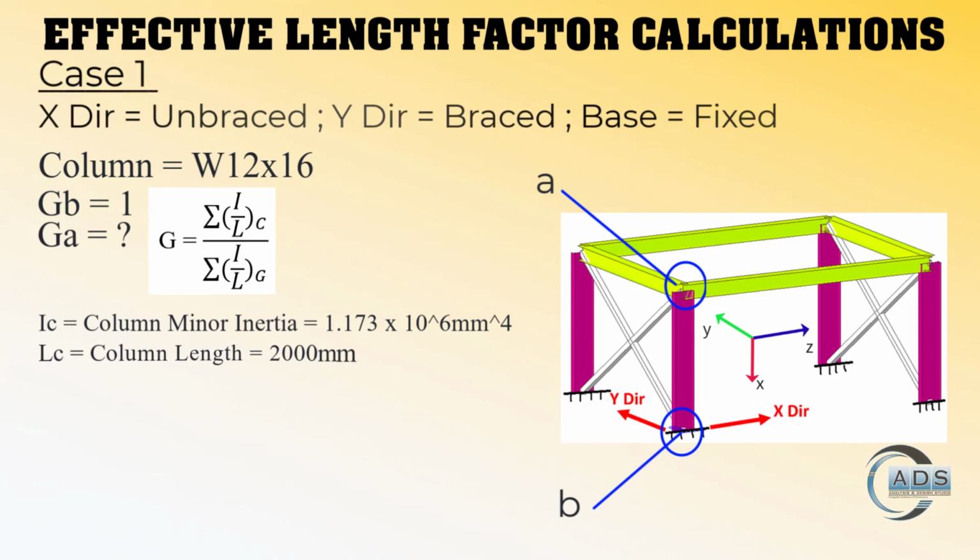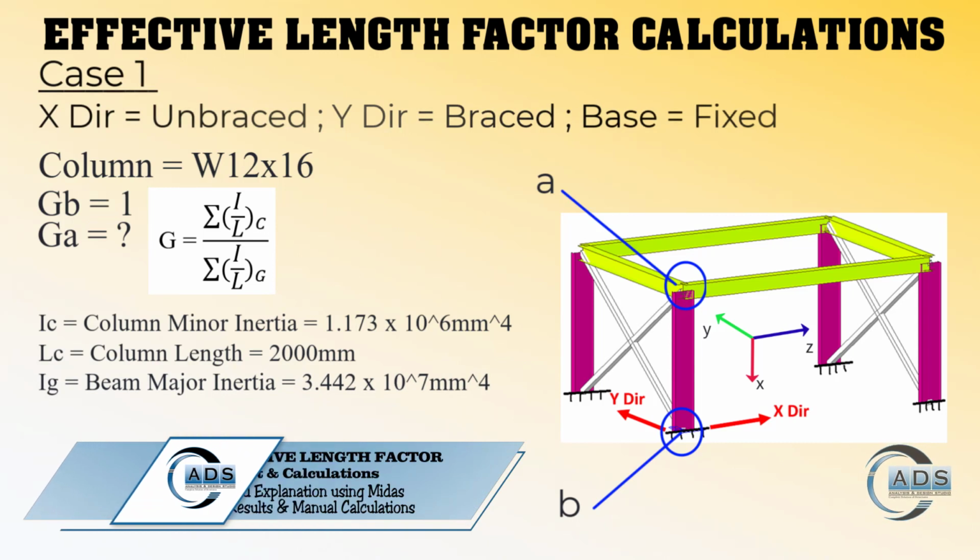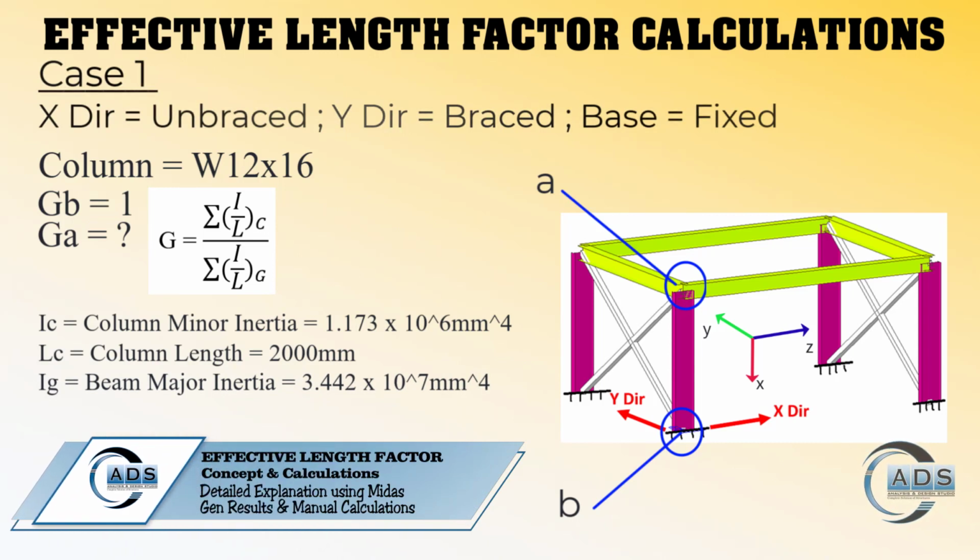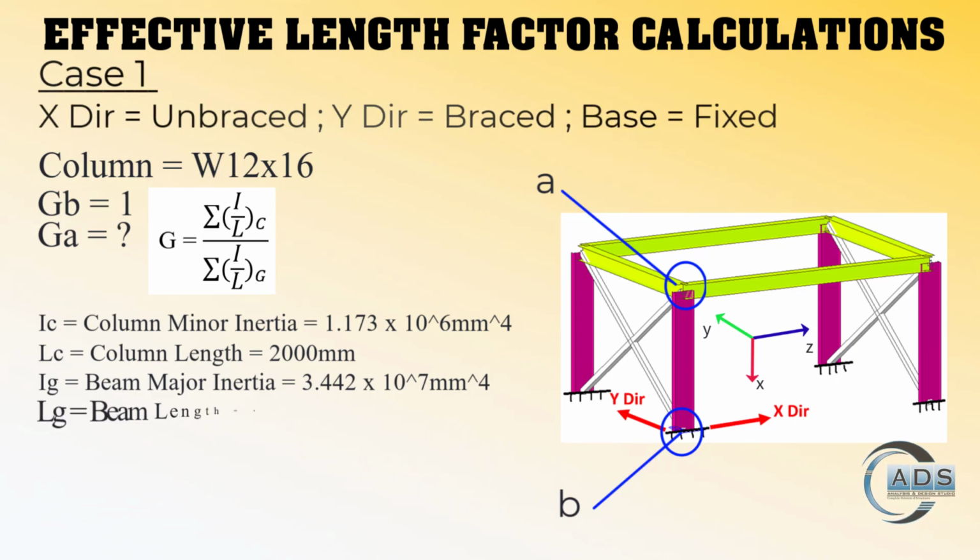LC is the same, 2000 mm. IG is also the same because beam orientation and beam section are the same in this frame. LG, the length of beam in this frame, is 3000 mm now. When substituting all the values in the given equation, we get GA as 0.05.